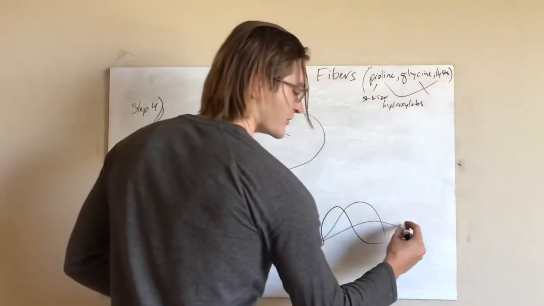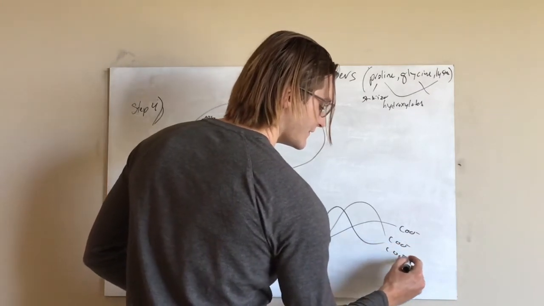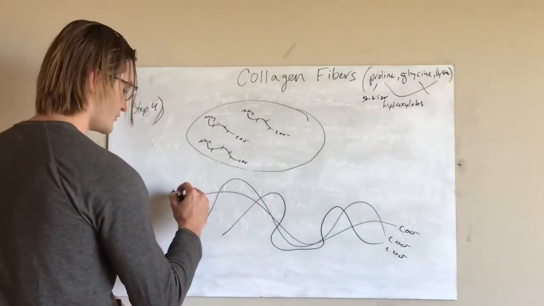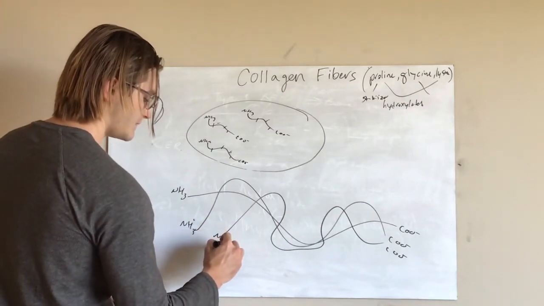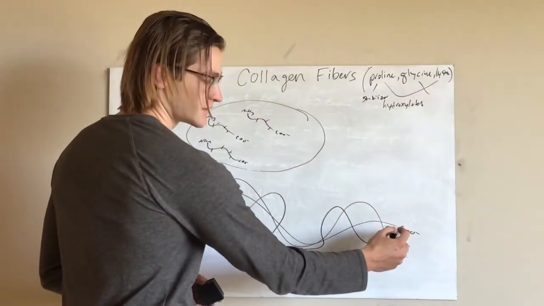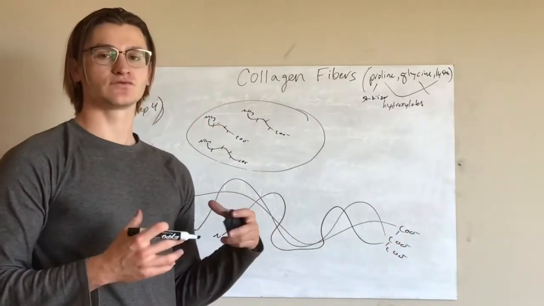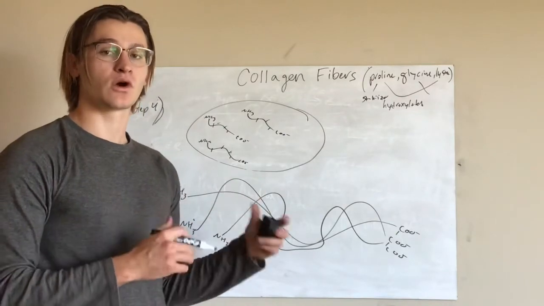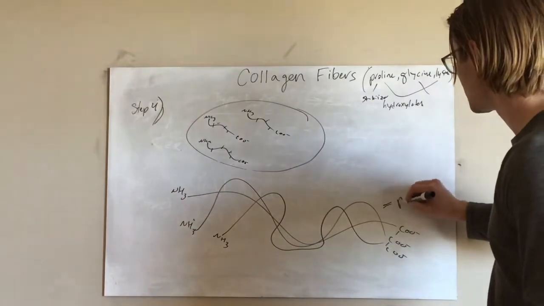We're gonna have our carboxylic side over here, and our amine group on this side. Spontaneously, these carboxylic sides will make disulfide bonds, and this will form your pro-collagen. So we're gonna make a pro-collagen.